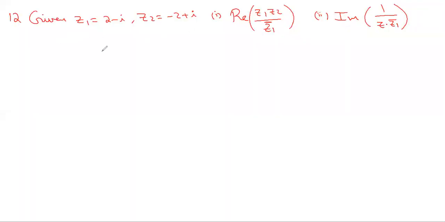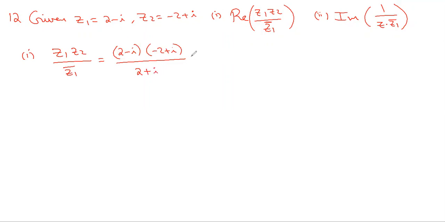Okay, coming to the first part. First, we need to calculate z1, z2 by z1 bar. z1 is 2 minus i, z2 is minus 2 plus i. So z1 bar is 2 plus i, the conjugate of 2 minus i.